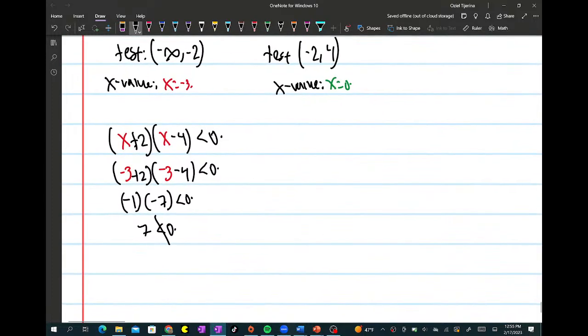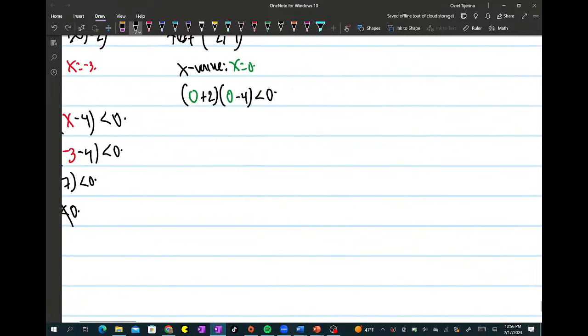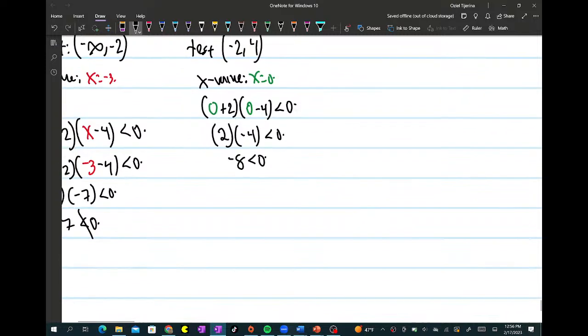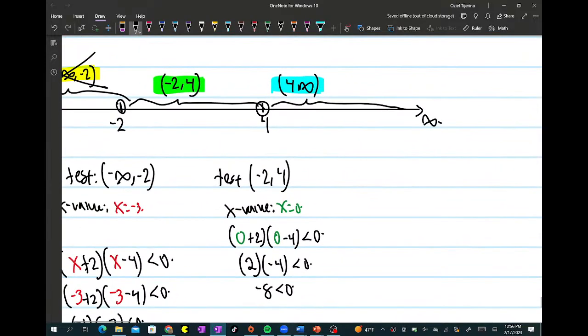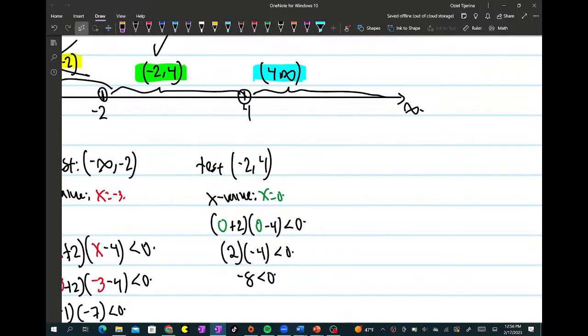So this becomes parentheses 0 plus 2 times 0 minus 4 less than 0. This becomes 2 times negative 4 less than 0. It's negative 8 less than 0. So this works. Yes, that works.